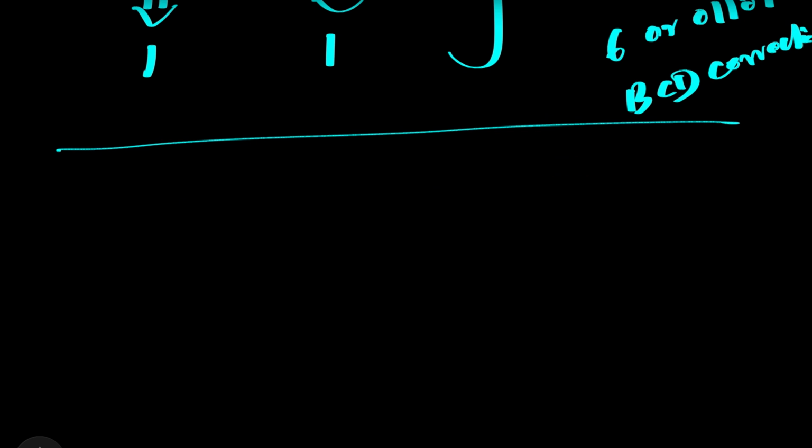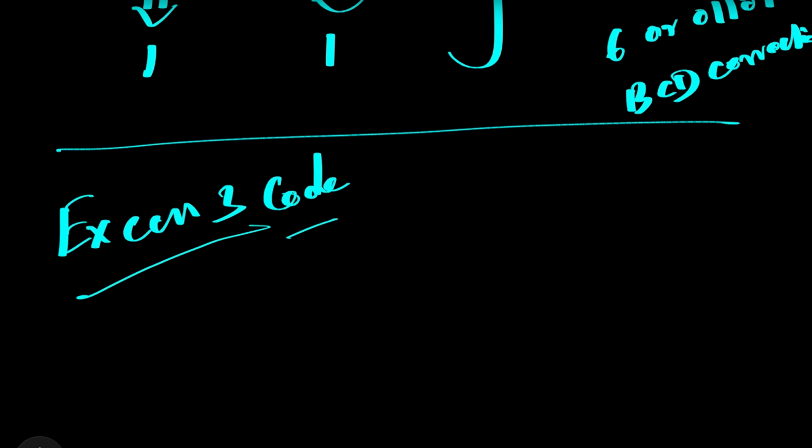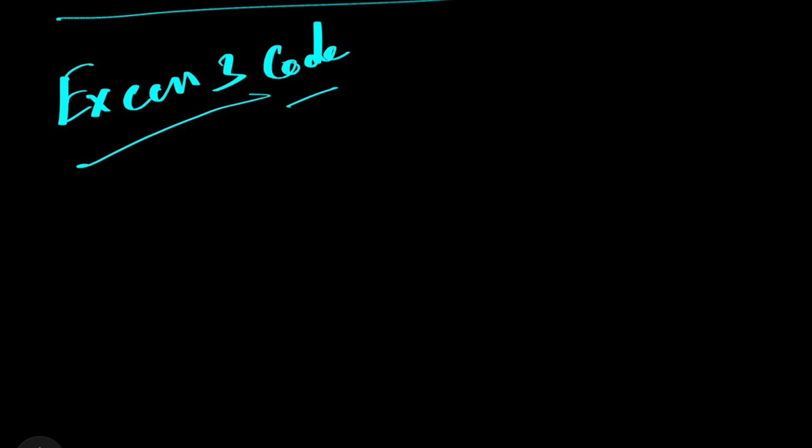Now we move on to the XS3 code. It's a very super cool code that comes under this topic in computer architecture. So just consider we have a decimal 3, right, and it's in base 10.